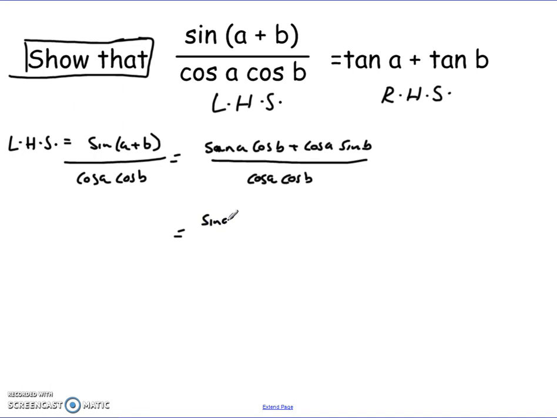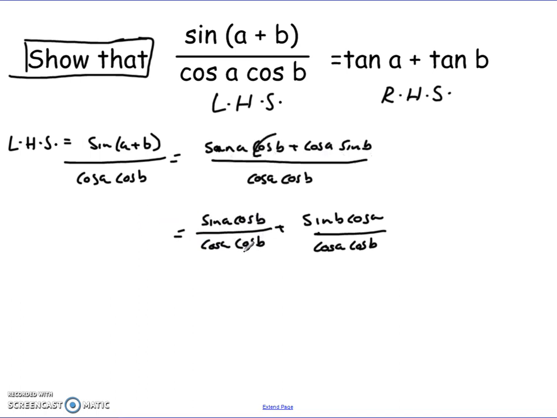I'm going to have one fraction that's sine A cos B over cos A cos B, and I'm going to add on sine B cos A over cos A cos B. So I've just split it off into two separate fractions.